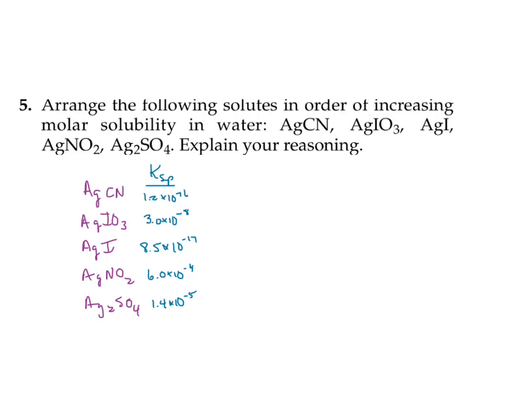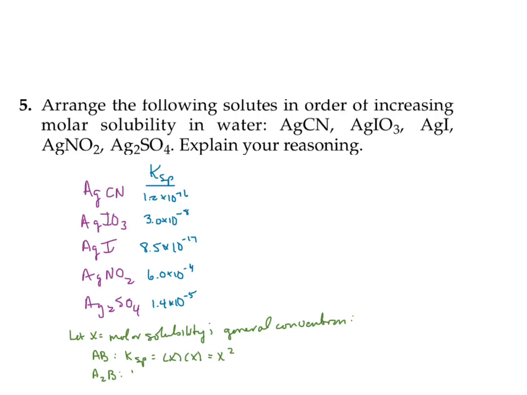The only way I know to do this is to do 5 problems, come up with the molar solubility for each, and then compare them. I gave you the general form again. Remember, if you have one cation and one anion, then X squared is equal to your KSP, so the square root of your KSP is your molar solubility.